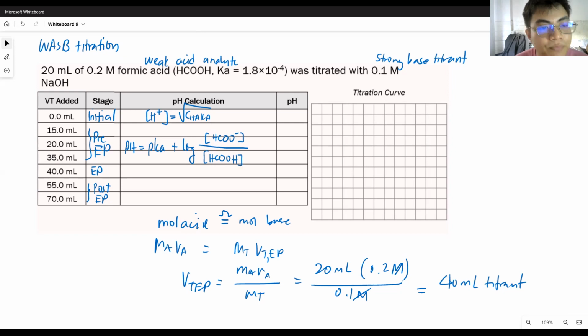At the equivalence point, ano equation ko dito? So that's OH equals, naalala ko lang, square root of the concentration of the conjugate base times Kb. And then at the post-equivalence point, it's just the concentration of your excess titrant. So it's MTVT minus MAVA over V total.